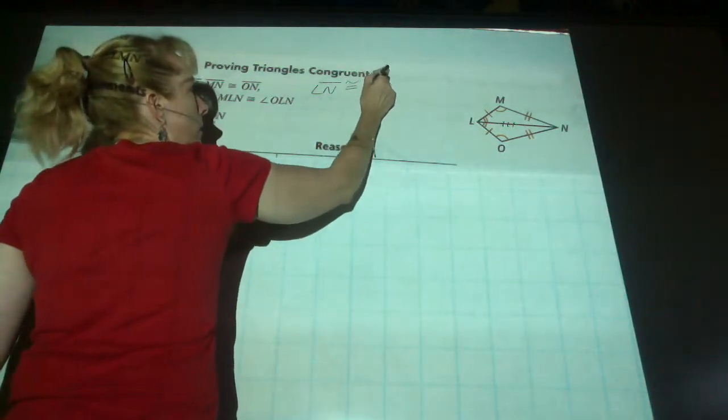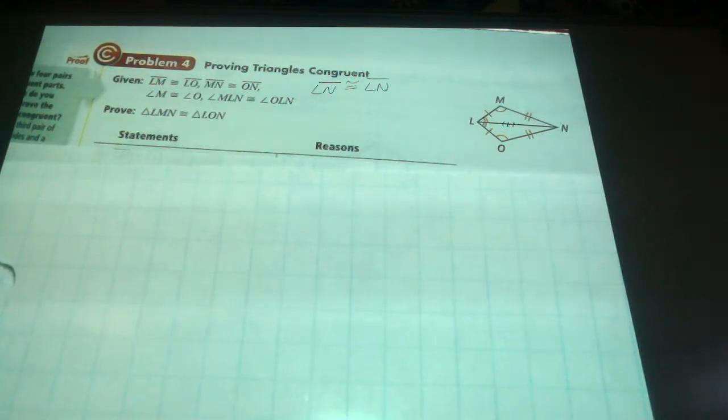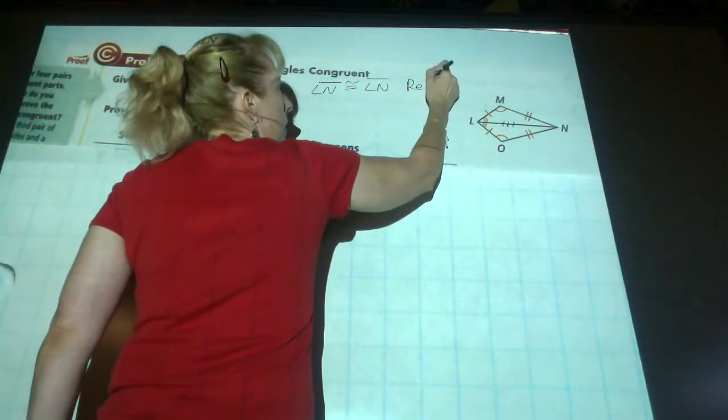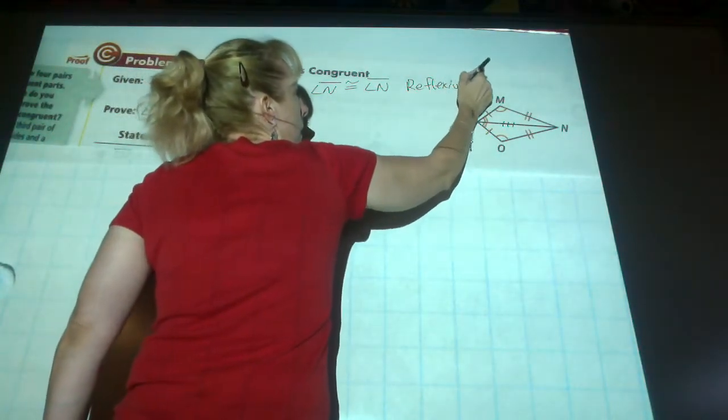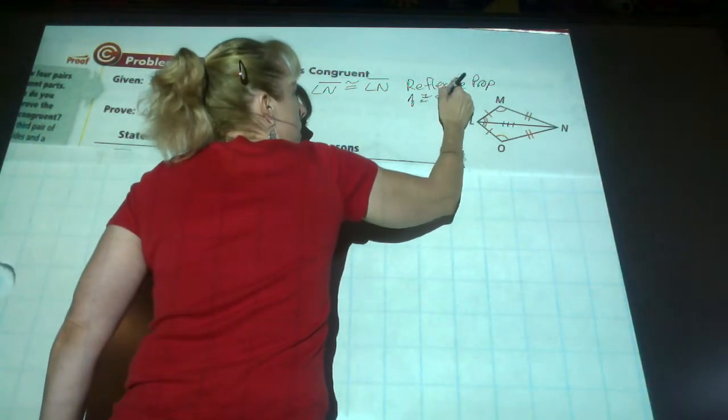If LN is congruent to LN, what does that look like? What property is that? It's not symmetrical. It's reflexive. It's a reflection. It's an exact reflection. So this would be the reflexive property of congruent segments.